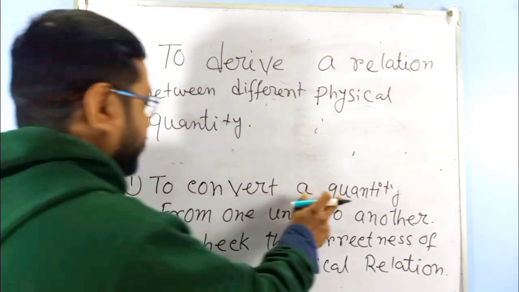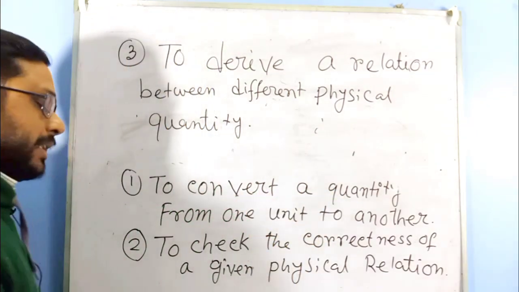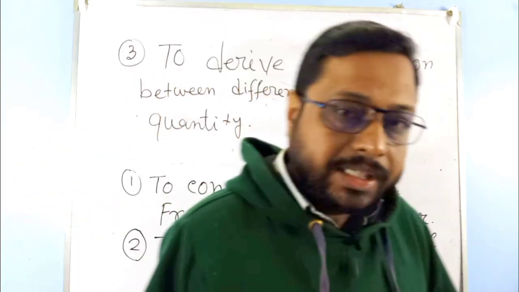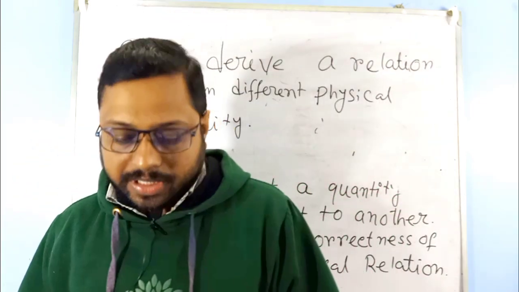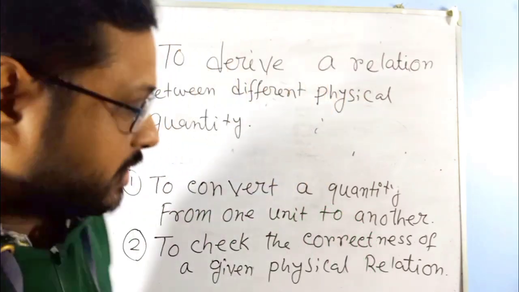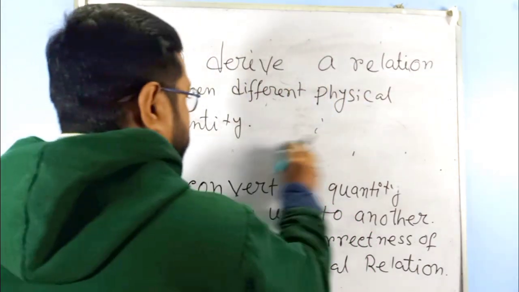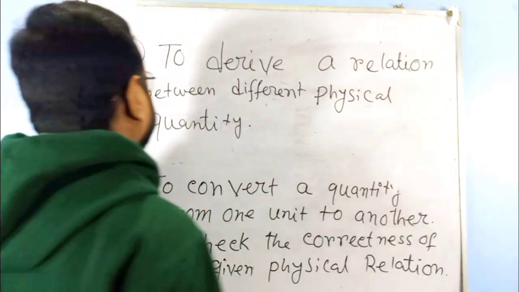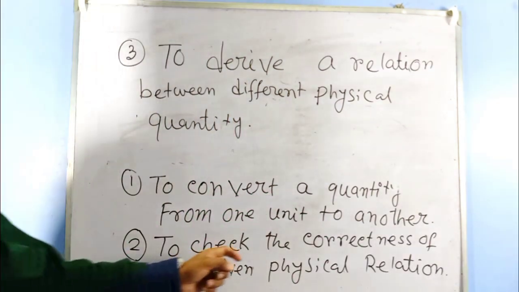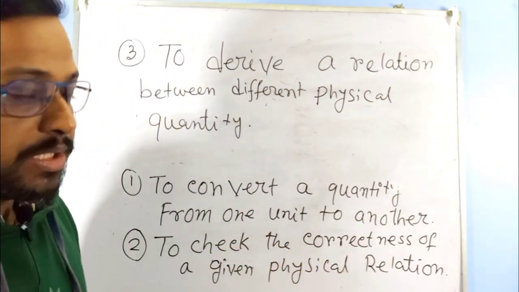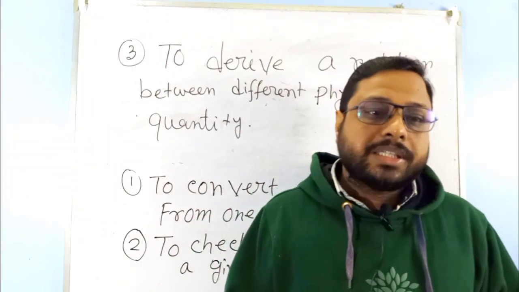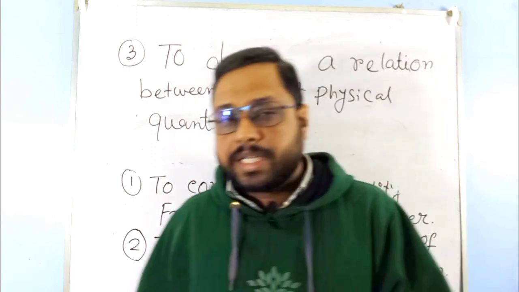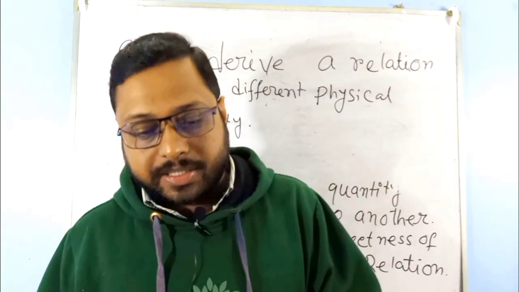To convert a quantity from one unit to another: we know there are three types of unit, CGS, MKS and SI. The FPS unit is not much discussed nowadays, so we can avoid it. Number two is to check the correctness of a given physical equation. Suppose an equation is given, we check whether it is correct or not on the basis of dimensional analysis.